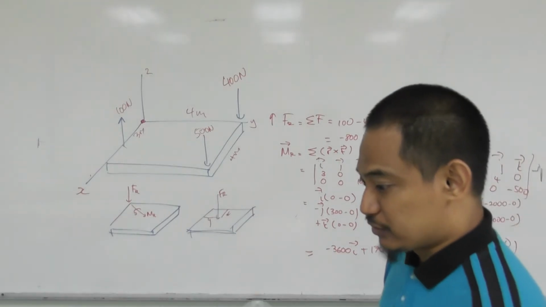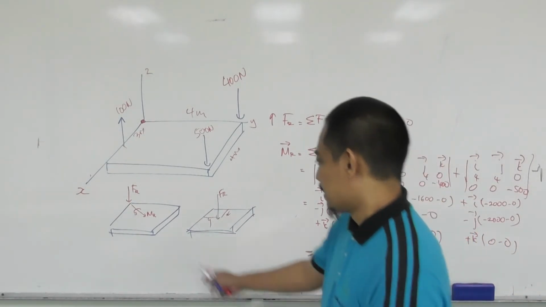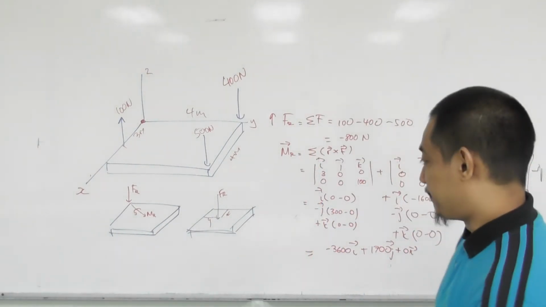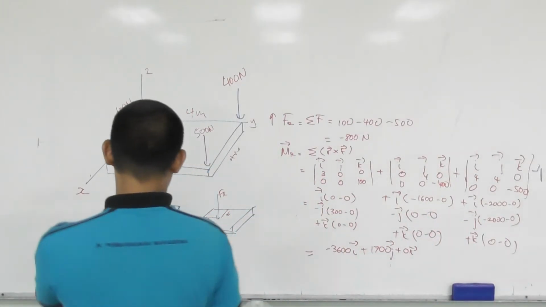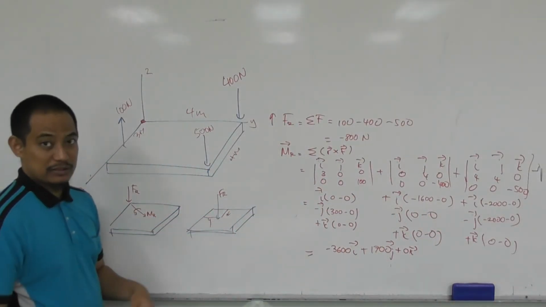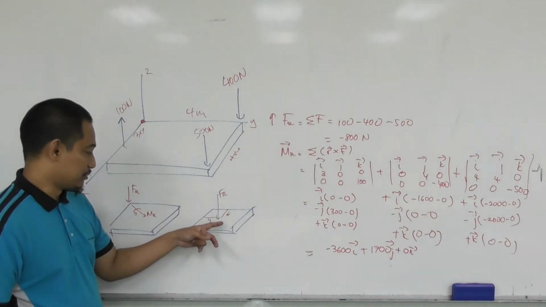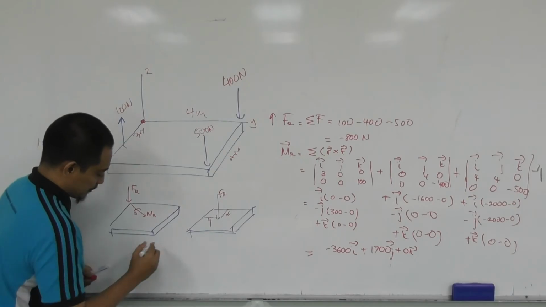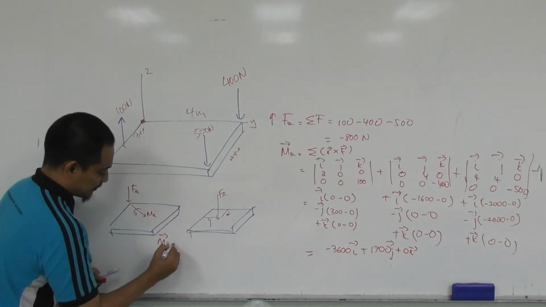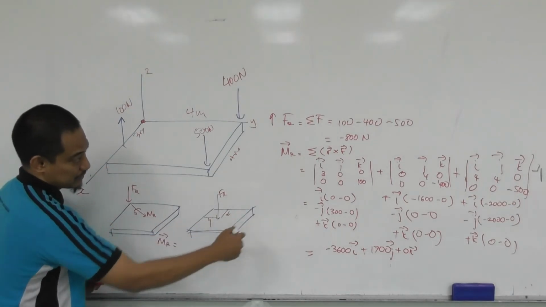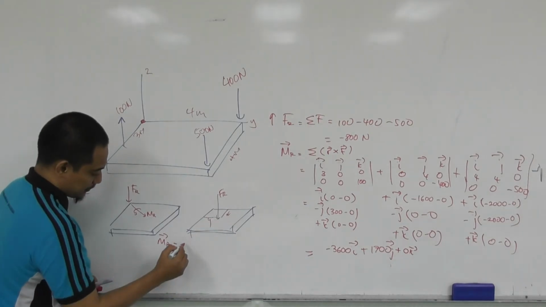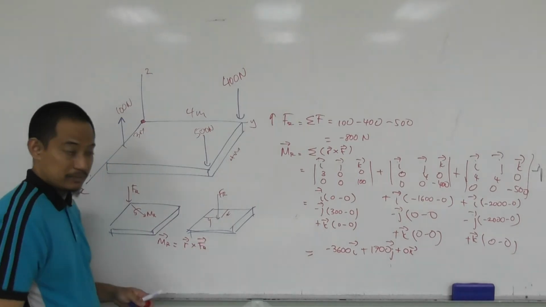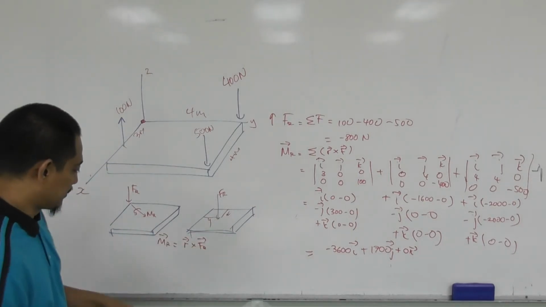Now also find the location of x, y for the single force. So how to move here? Basically the concept is, this is the resultant moment. If you do r cross F, the moment should be the same. So MR vector here should be the same as r cross FR.